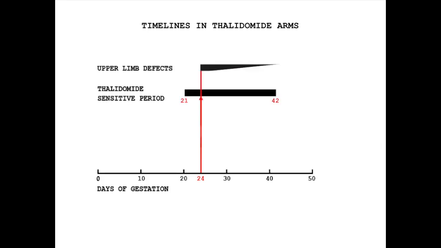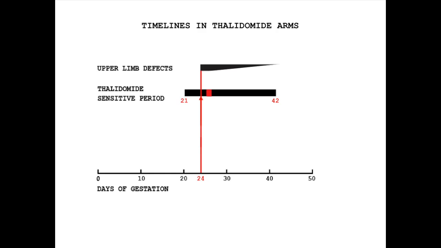The craniocaudal sequence of events has to be explained. A wave of sensitivity swept down the embryo from head to tail between 21 and 42 days of gestation. Exposure to thalidomide between days 21 and 24 caused eye, ear, cranial nerve and other head and neck defects.